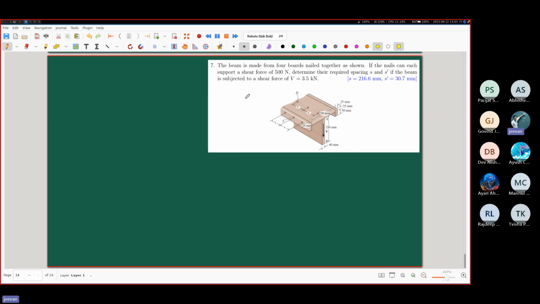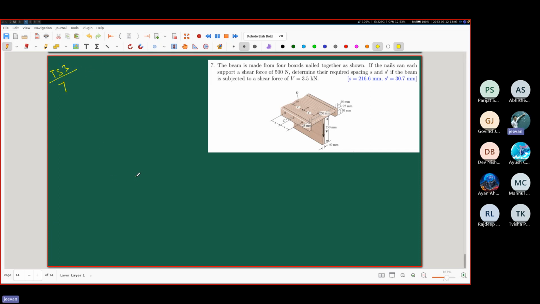If the nails can each support a shear force of 500 Newton, determine the required spacing S and S dash if the beam is subjected to a shear force of V equal to 3.5 kilonewton. This gives us an opportunity of looking at this problem from various different points of view. So let's do this.